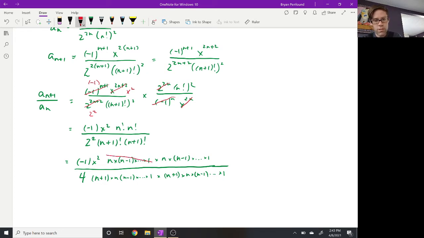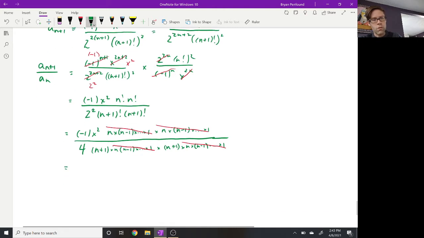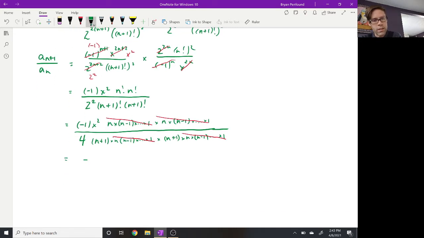So all of this should cancel with all of this and give us 1, and the same thing happens over here. So when all things are said and done, in the numerator we have left over -1 times x squared. In the denominator we have 4, and we're going to have n plus 1 squared, 2 copies of n plus 1.